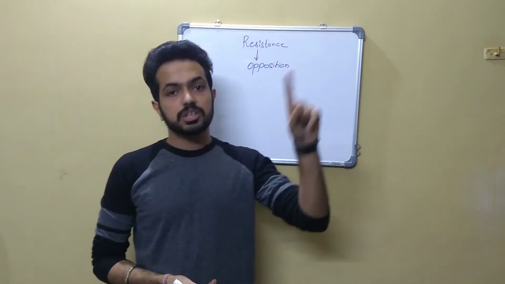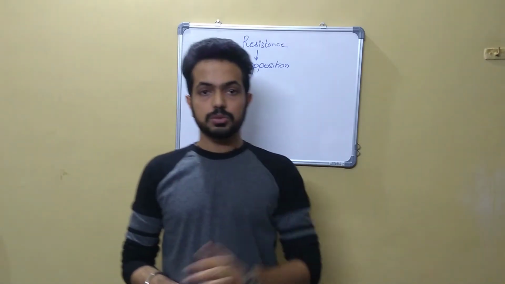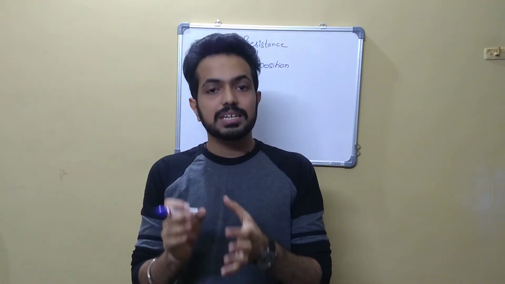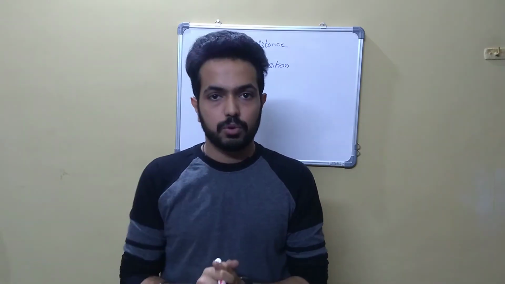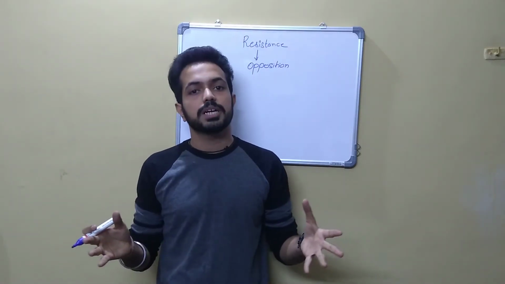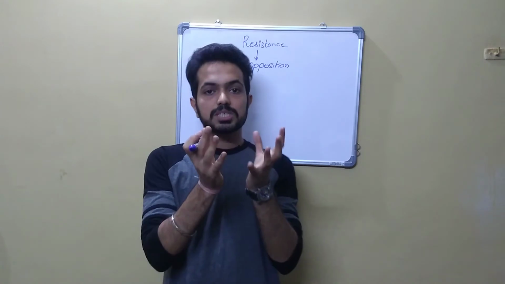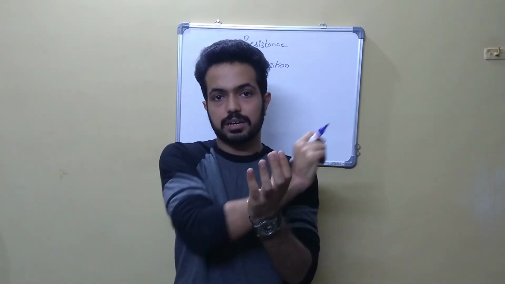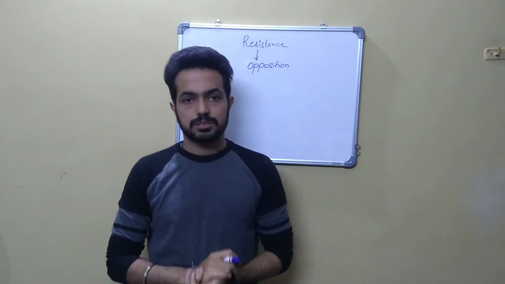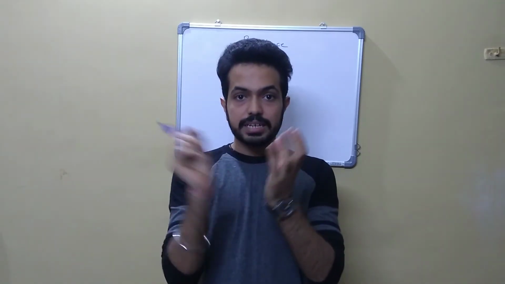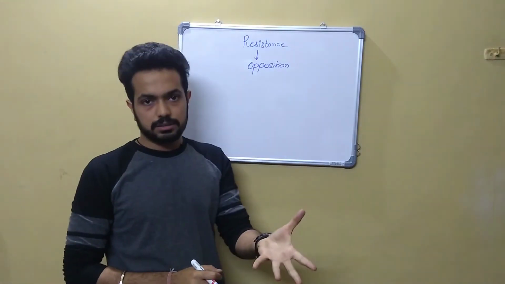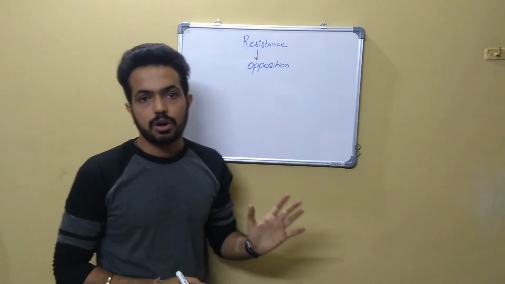Now the electrons which are flowing in the conductor, which constitutes the current electricity or electric current, what exactly is opposing the flow? If you remember, I told you every conductor is made up of atoms. Atoms are quite big in size compared to the electrons, so when the electrons are flowing in the conductor, they hit the atoms. That parameter of the conductor is called resistance or the opposition.